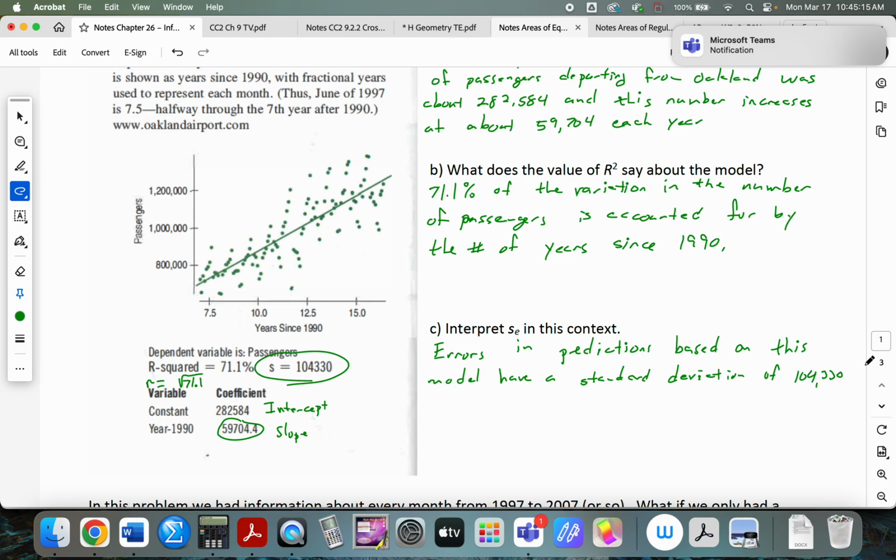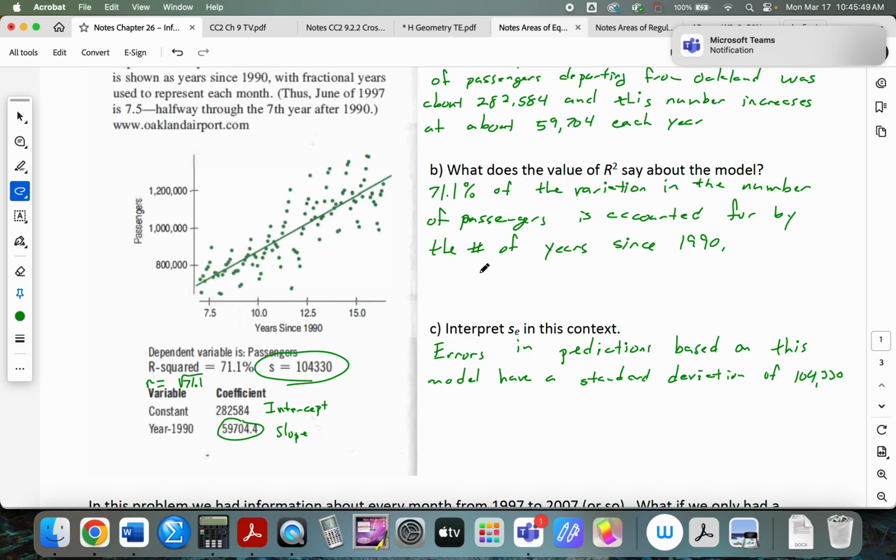A lot. Yeah, that's pretty big, especially when you consider that the slope is about 60,000. So that means that we have years where we went down. So this is kind of all over the place, which is why only 71% of the variation in the passengers can be predicted by how many years it is.